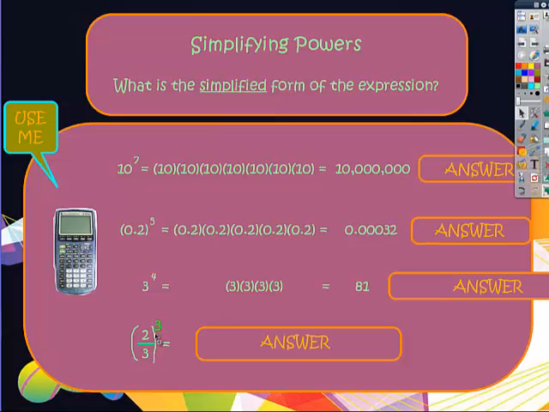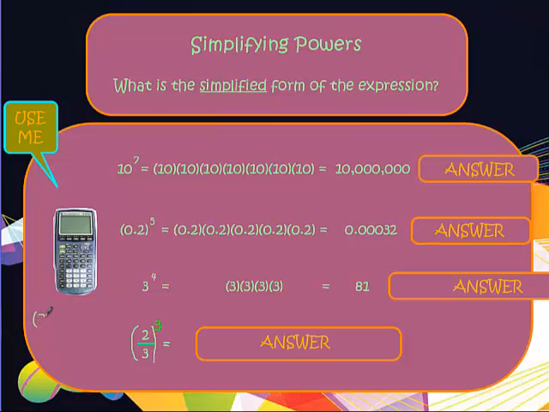If you want to type this in your calculator, you would have to push the left parenthesis button, then 2, then the divide button, then 3, then you'd have to close the parenthesis, push the roof button, or caret button, and then 3. That says 2 divided by 3, which is 2/3, all to the 3rd power.